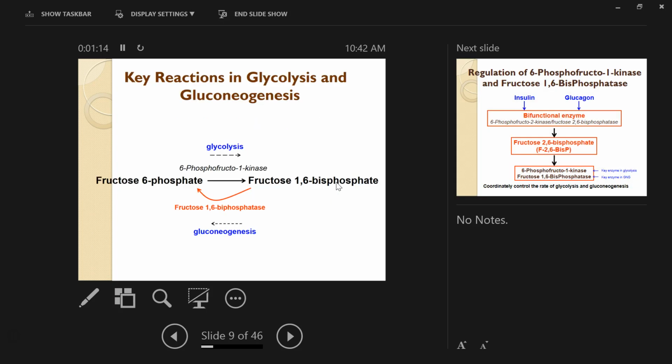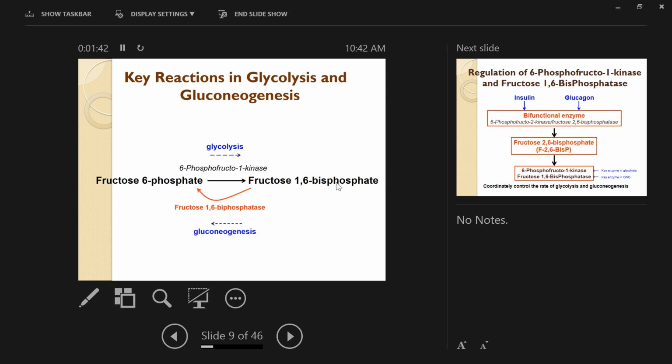And the next pair of enzymes in both glycolysis and gluconeogenesis are phosphofructose 1 kinase, a key enzyme in the glycolysis pathway that catalyzes conversion of fructose 6-phosphate to fructose 1,6-biphosphate.